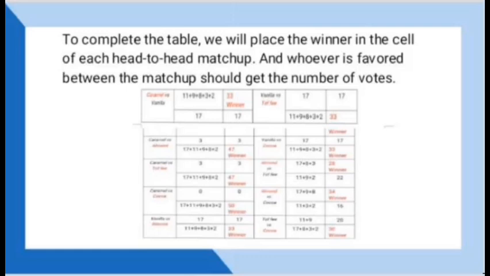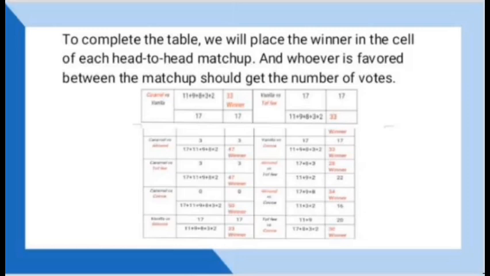Vanilla versus toffee: vanilla 17 points, toffee 33 points. Vanilla versus cocoa: vanilla 17 points, cocoa 33 points. Almond versus toffee: almond 28 points, toffee 22 points. Almond versus cocoa: almond 34 points, cocoa 16 points. Toffee versus cocoa: toffee 20 points, cocoa 30 points.